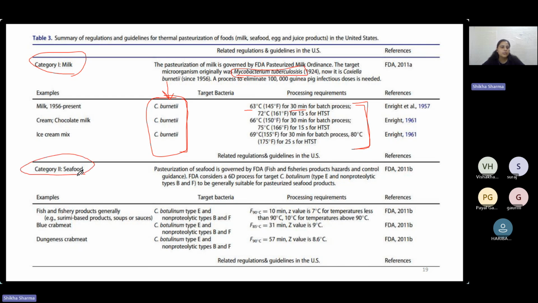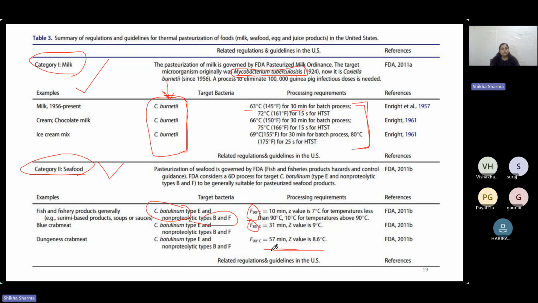Second category of food is seafood. There botulinum is being taken as a target bacteria, and sometimes non-proteolytic types B and F. So in the food industry, when they process milk or seafood, they treat it and they see the F value, D value, Z value, whether these values are within the limit.